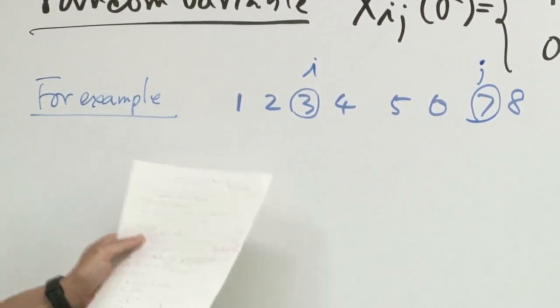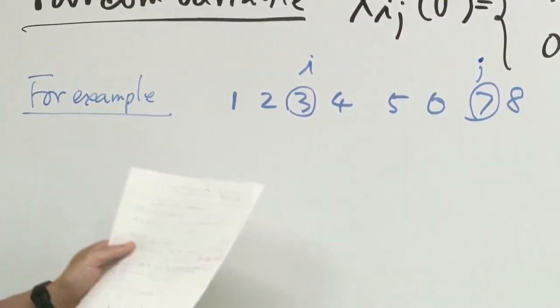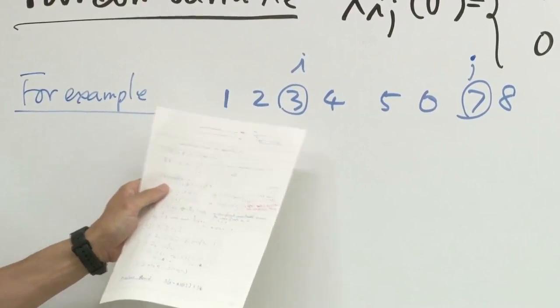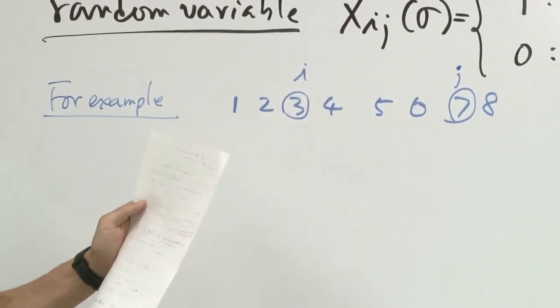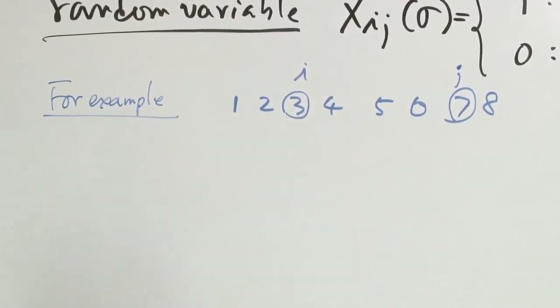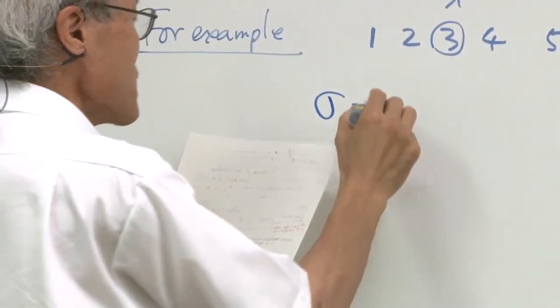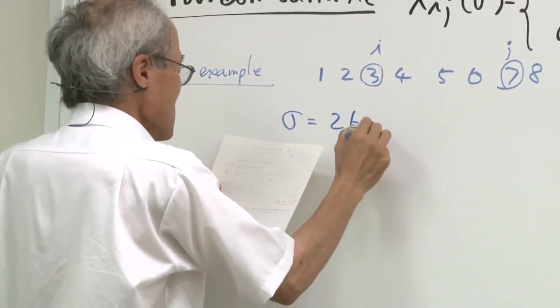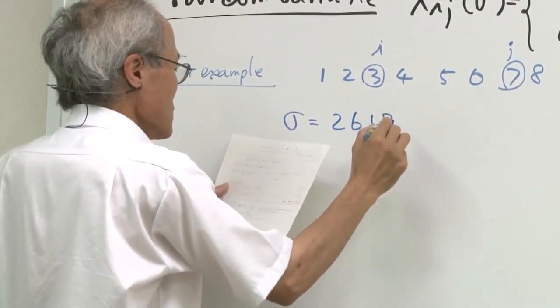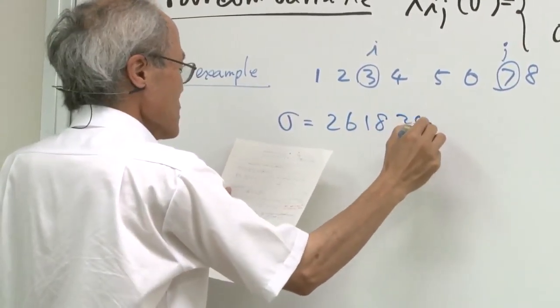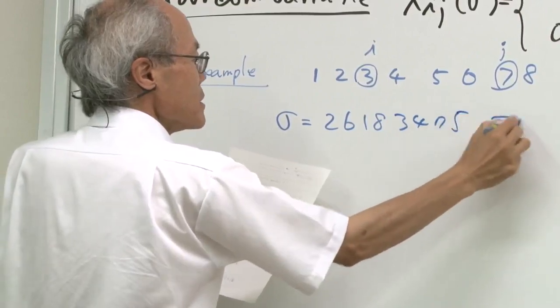Okay, we have 8 numbers as before. And let's assume i is equal to 3 and j equal to 7. Now, suppose that our sigma, our pivot sequence, is 2, 6, 1, 8, 3, 4, 7, 5.